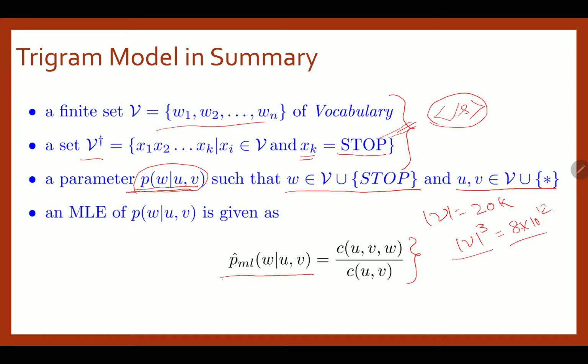So these many combinations of words are possible, and you would really need a very large corpus to see all of these combinations, which will not happen.